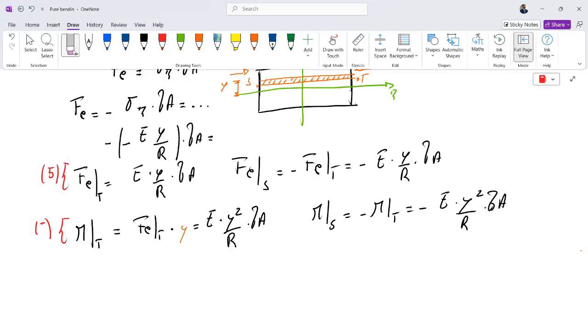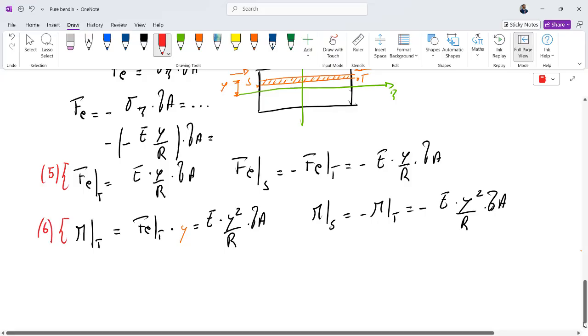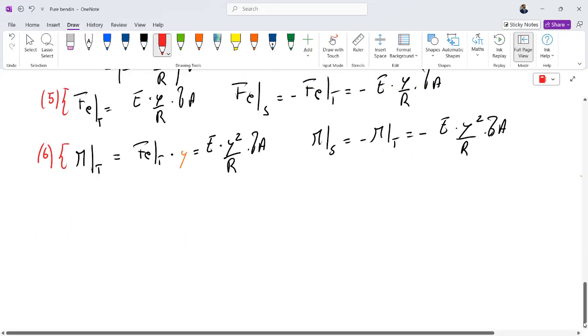And this is, let's say, the sixth equation, the forces and the moments.